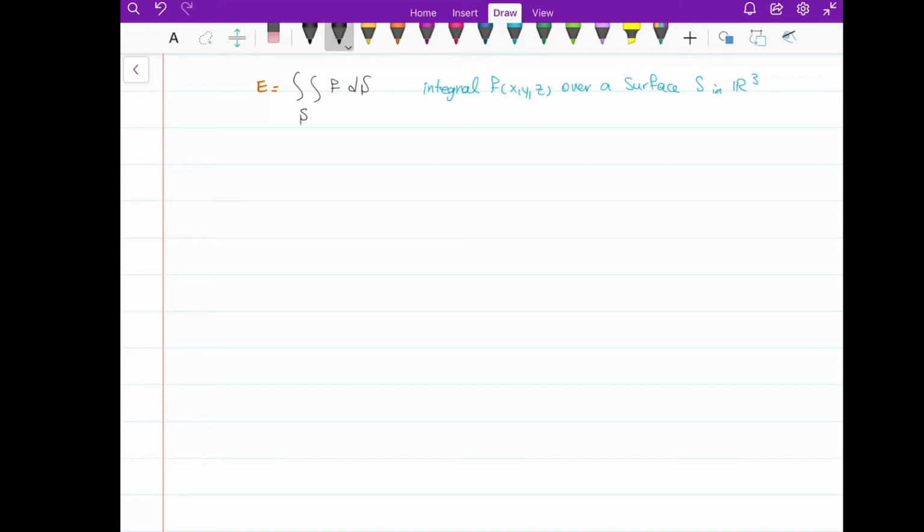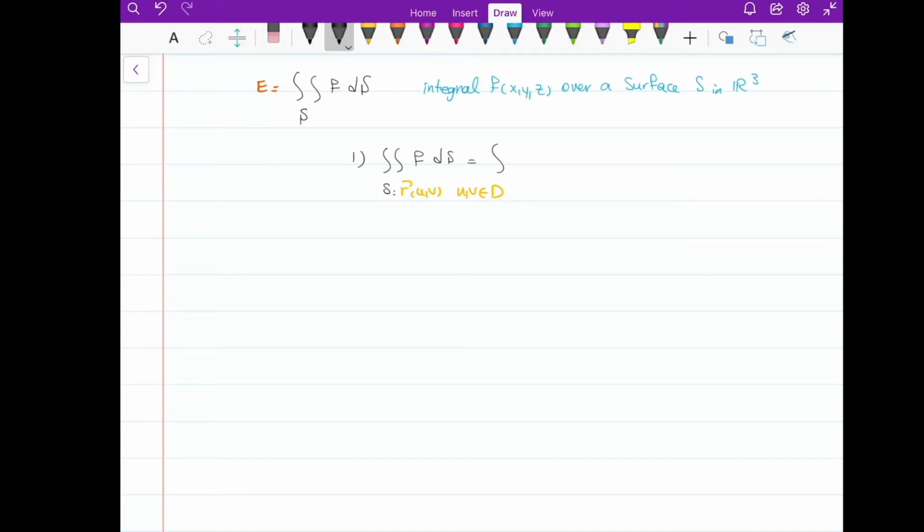Okay, so we have two kinds. The first one is f dS over S, and to calculate that, I'm going to parameterize the surface S. I need two parameters, and these two parameters are from a region D.